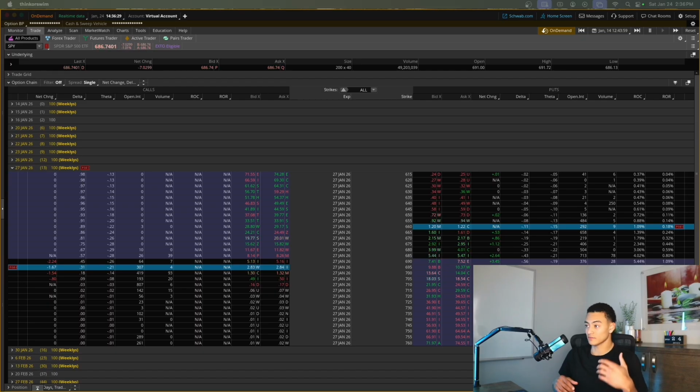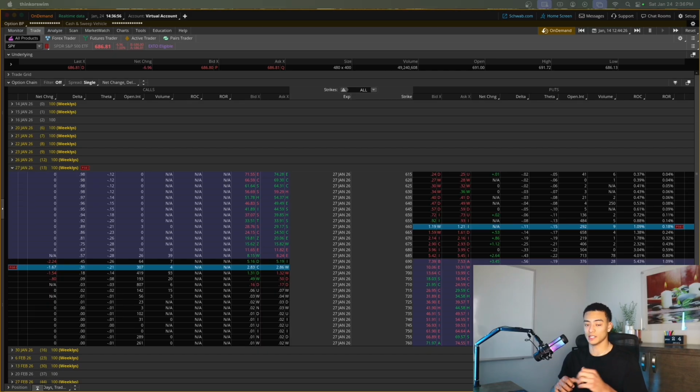So if the stock stays above, you get to keep that 120 no matter what. But if the stock goes below 660, you're going to have to purchase 100 shares at $660. So in order to do this, you need $66,000. But you can obviously do this on different stocks with better price points so that you're not just blowing money.